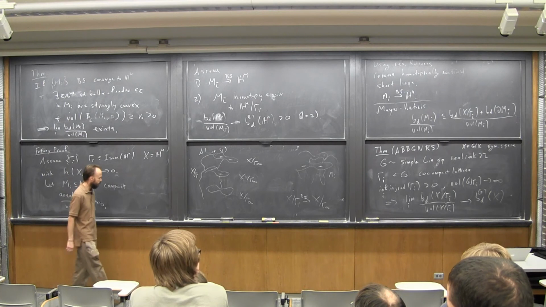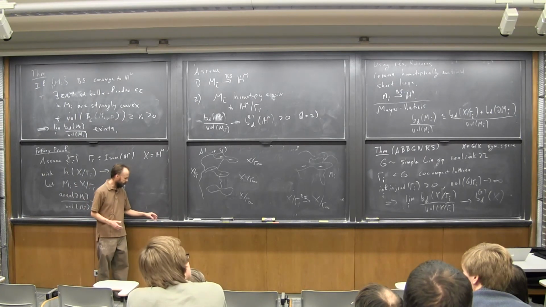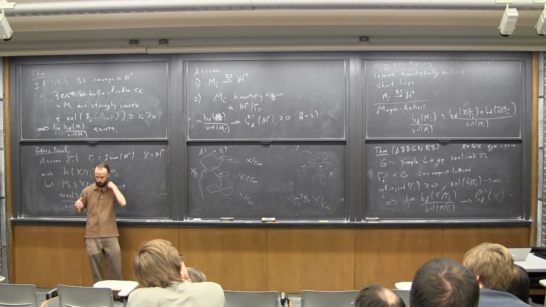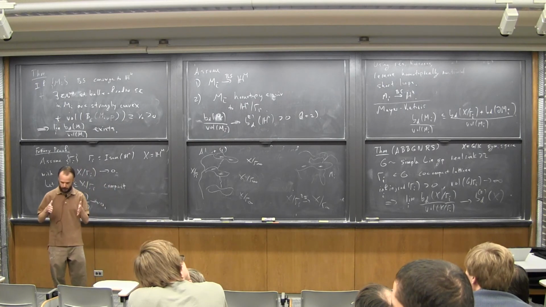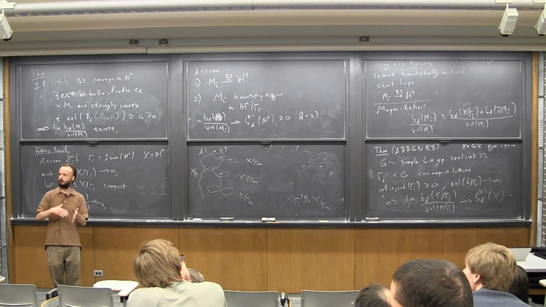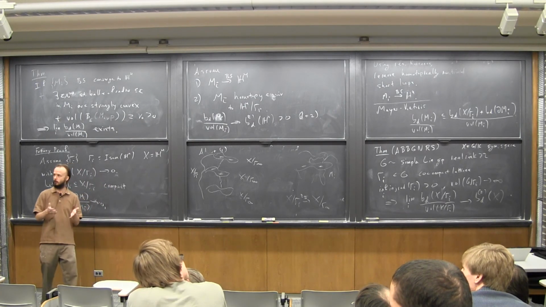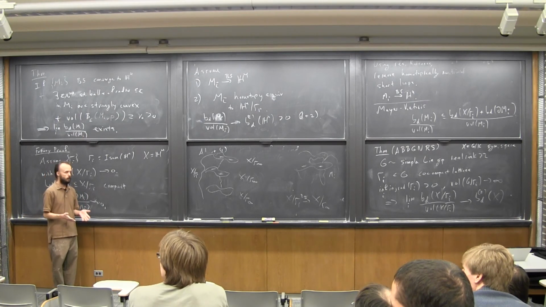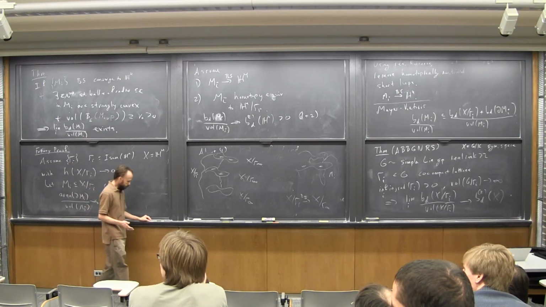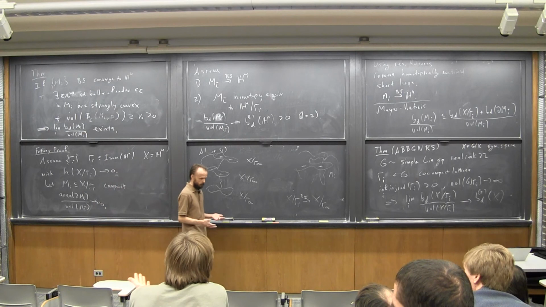Right. One also, for me at least, what I found very surprising was that the Betti numbers behave in a continuous manner under Benjamini-Schramm convergence, the normalized Betti numbers. For the general audience, why did Benjamini and Schramm introduce this? Oh, yeah.